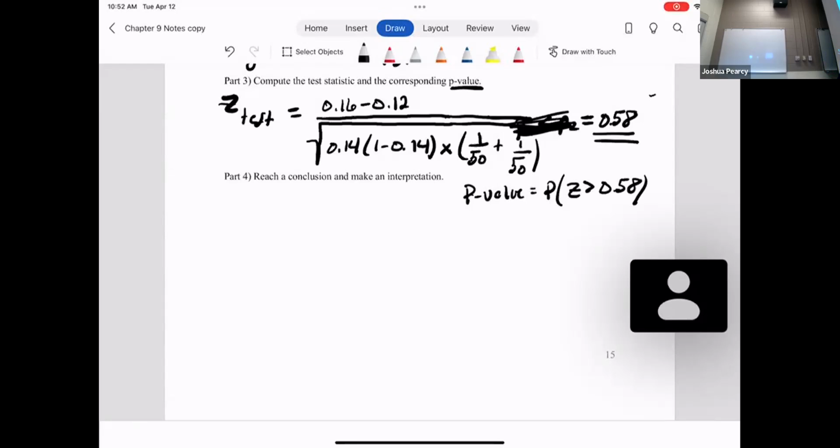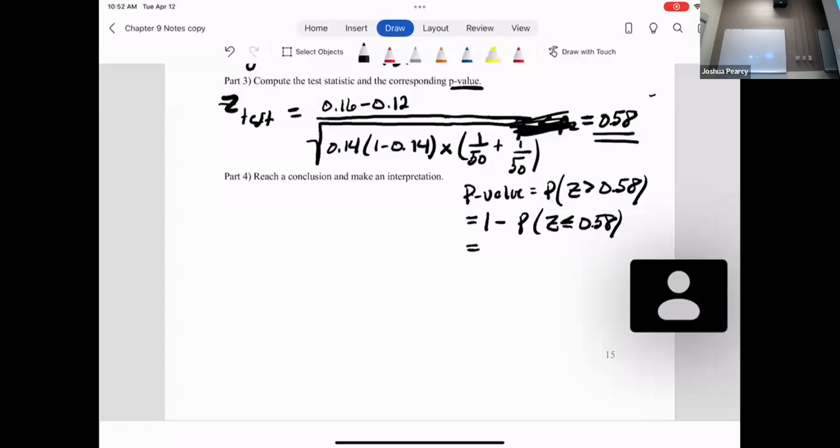Now the table will only give you the what? Left-hand area. So take 1 minus that to find the right-hand area. And the p-value is equal to 1 minus the probability of z being less than or equal to 0.58.